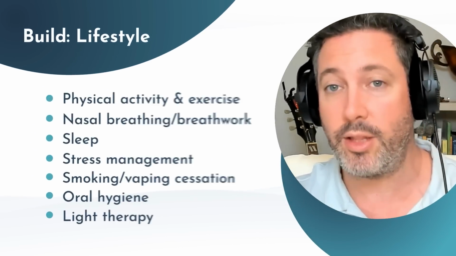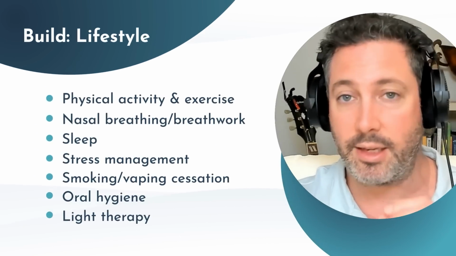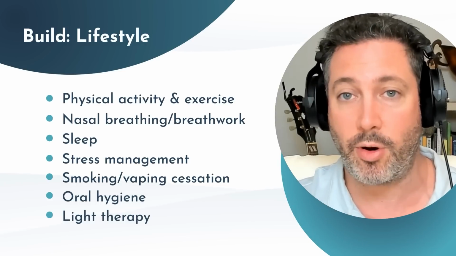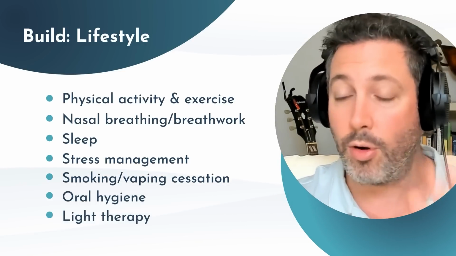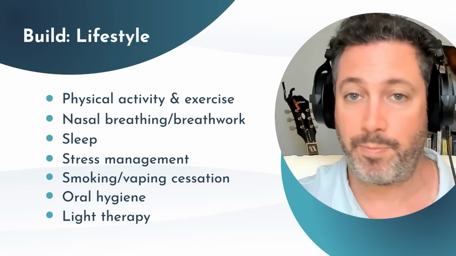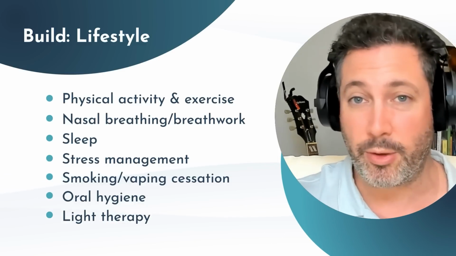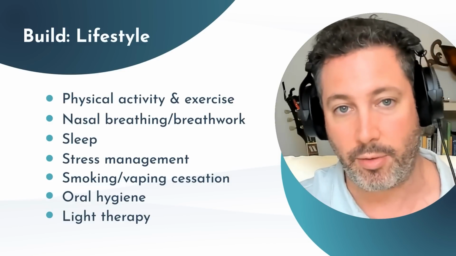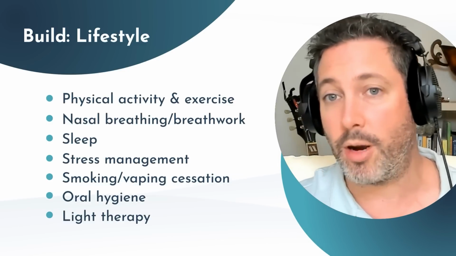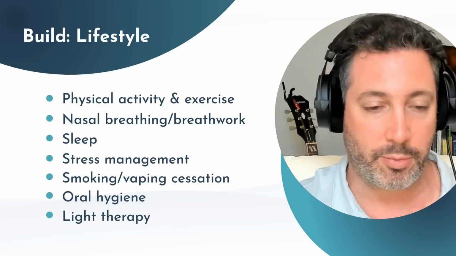Now, lifestyle is critical. We know that physical activity is critical for producing nitric oxide in normal amounts. Also, your sleep quality, your levels of stress, things that you can be doing as a recreational habit, like smoking or vaping, should be stopped if you want to improve your nitric oxide production.